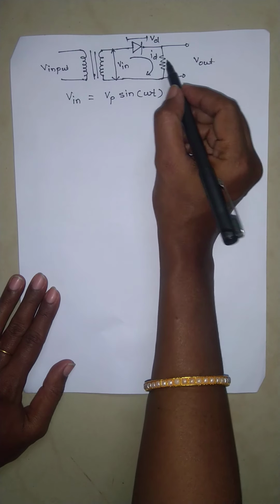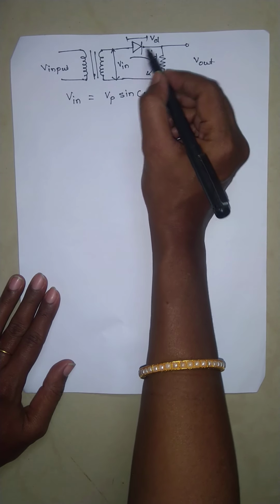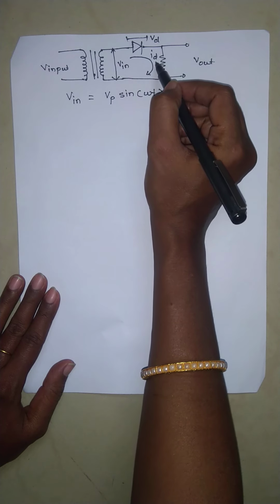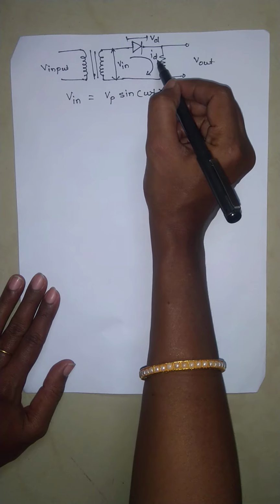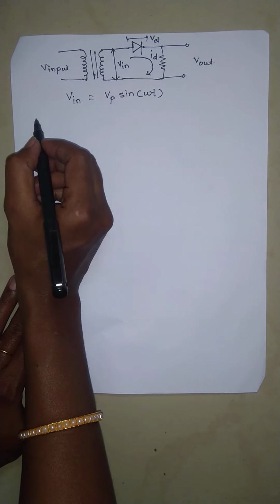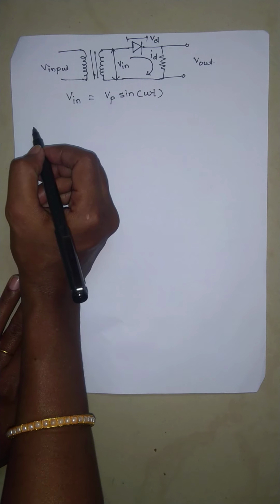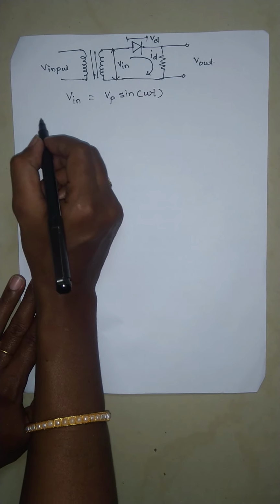Now let us suppose that the potential that has been developed across the diode is Vd, and the current that is flowing through this circuitry is Id. So if we apply Kirchhoff's law of voltage addition, how can we write it down?